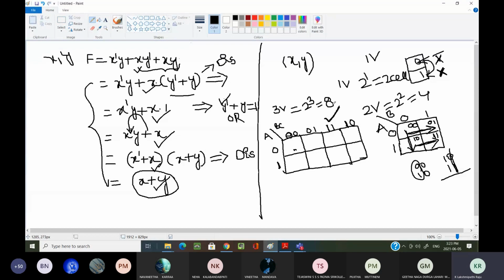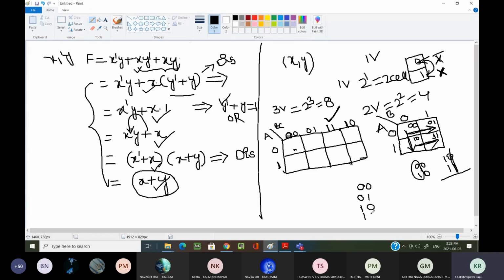Why has she asked that doubt? Can someone tell me why she has asked that doubt? Normally, we will write 0 0, 0 1, 1 0, 1 1, sir. Very good. If it is four combinations, normally we write them as 00, 01, 10, 11.